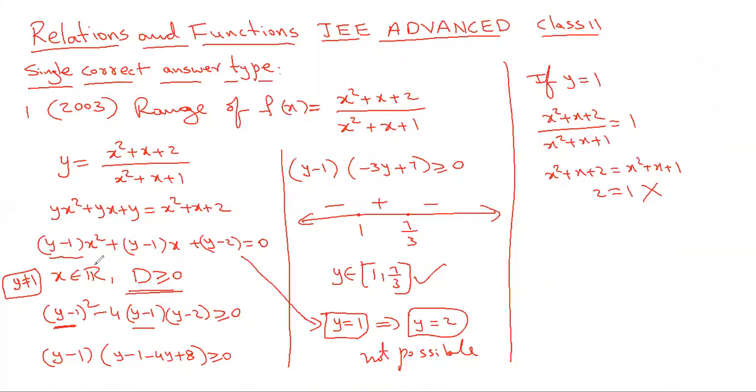If you substitute y equal to 1 in the equation, you get y equal to 2. y equal to 1 and 2 at the same time is not possible. From this we get y not equal to 1, or you can see that if y equals 1 in the original equation, then you get a contradiction, so y not equal to 1. Hence the final answer is y belongs to open interval 1 to 7 by 3.